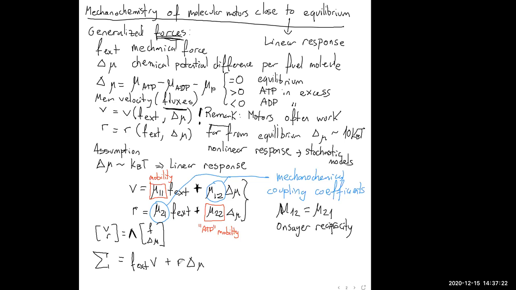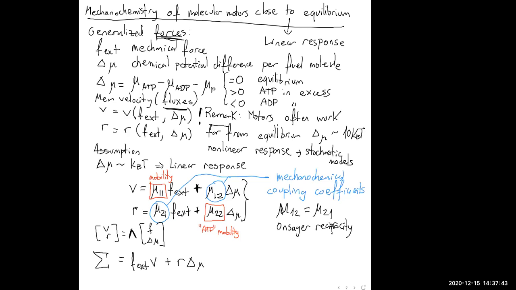You can see this also as an energy consumption rate. First of all, this has units of power because it's force times velocity. This also has units of power because this is 1 divided by second, and delta mu is energy.